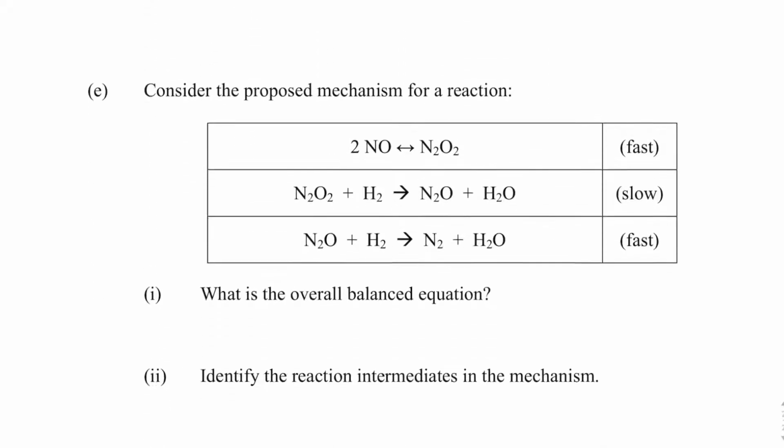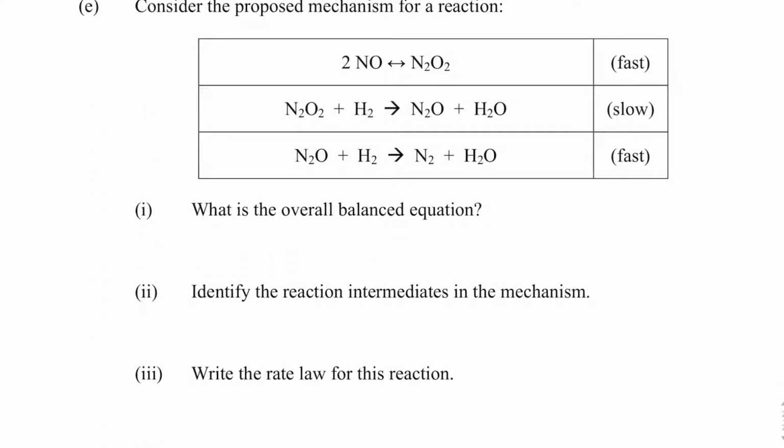That must be our rate determining step or our slow step. Okay, I'm going to jump forward to some harder questions, and these are the questions that if an AP chemistry student is going to goof up on, it will be this one. And so it says we're given step 1, step 2, and step 3, and we need the overall balanced equation. That's always a good starting point. So N2O2 is an intermediate, N2O is an intermediate, and I think that looks pretty good.